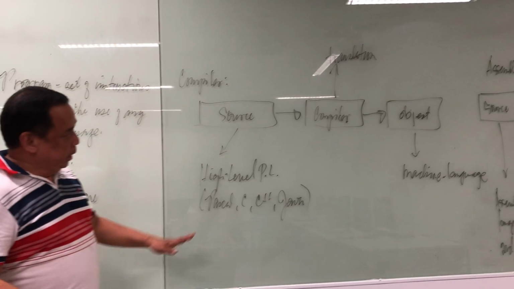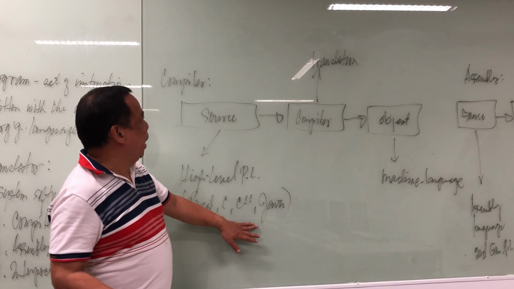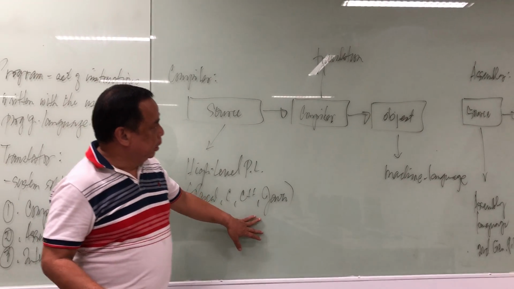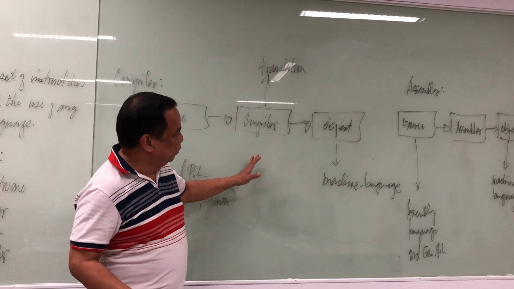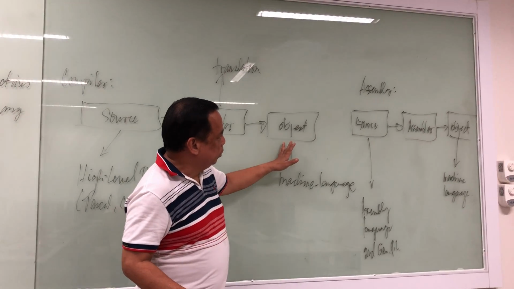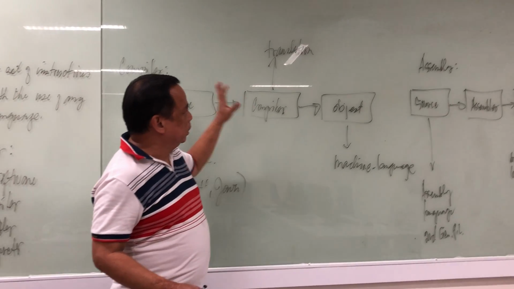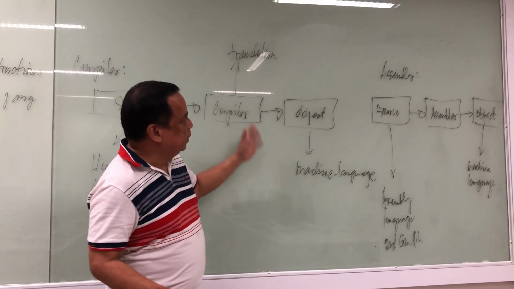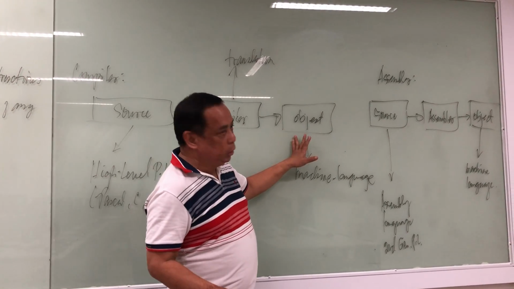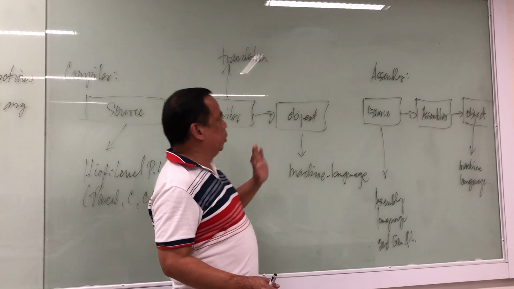Here, you can see both compiler and assembler have to produce the equivalent object code. That means the programmer has to wait until the entire code has been compiled or assembled into its equivalent object code.